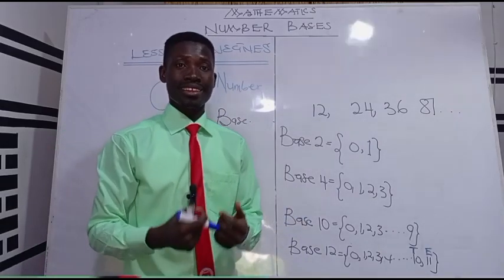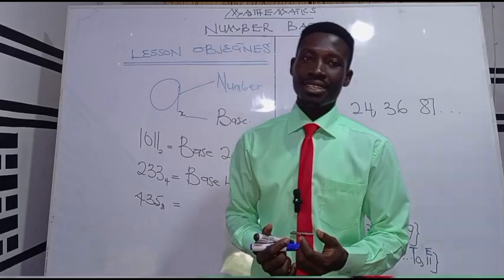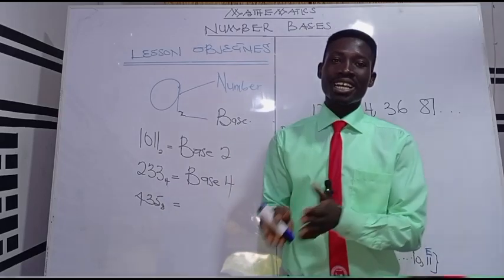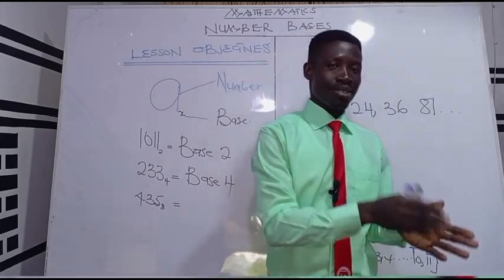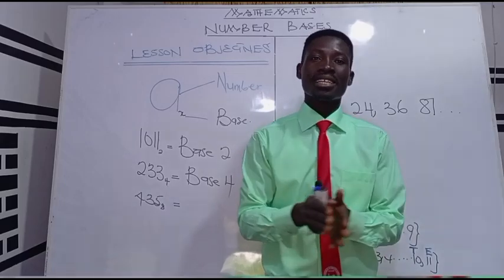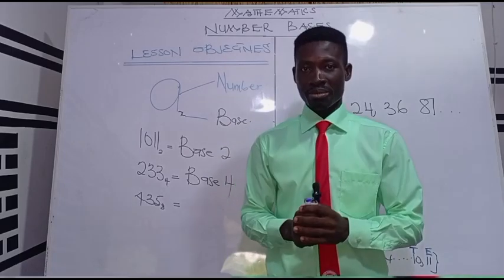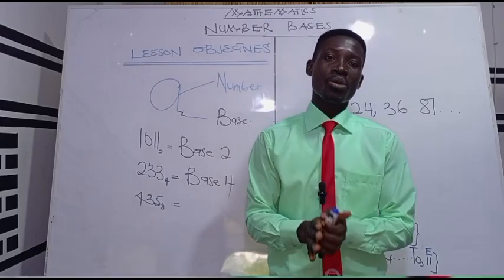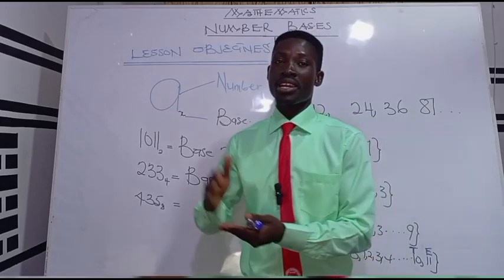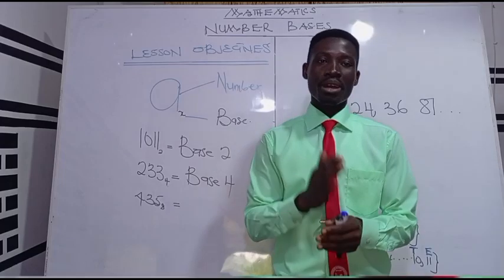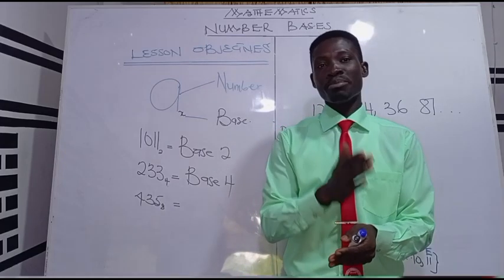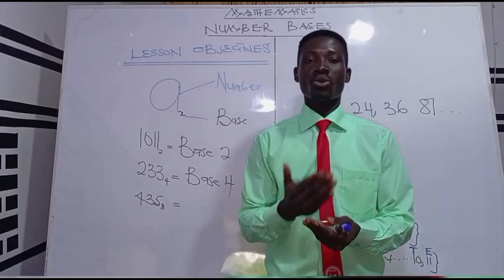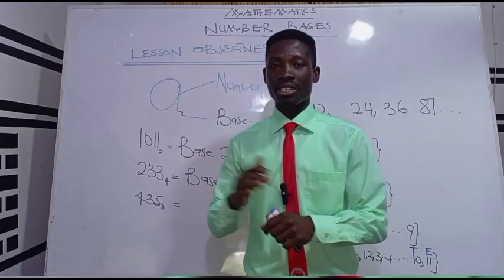Now that we understand what number bases are, let's look at some special names given to number bases. Now, a base 2 numeral is called a binary numeral. A number that is written in base 4 is called a quaternary numeral.